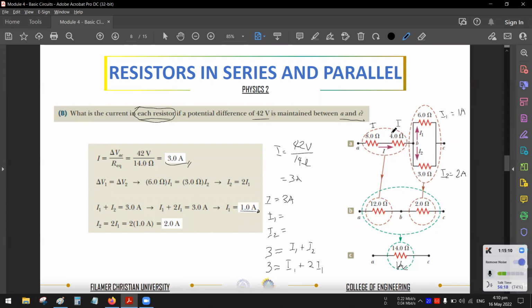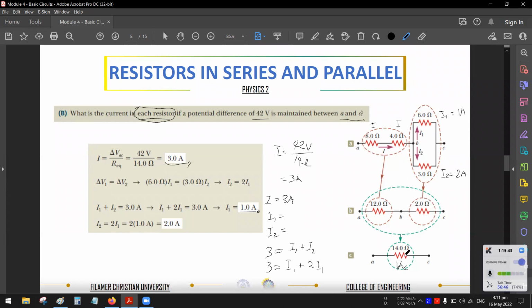Okay. So yung current dito sa loob ng circuit na to, sa buong circuit kasi yung kinuha na natin ng resistance. Okay, so from point A to point C, kinuha natin yung current. So buong equivalent resistance natin for the circuit, that is 14 ohms.